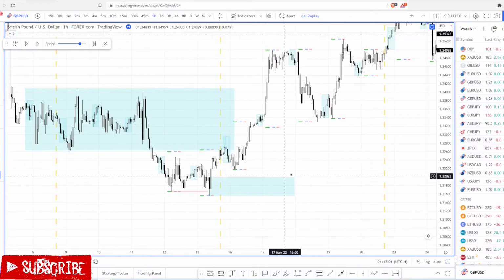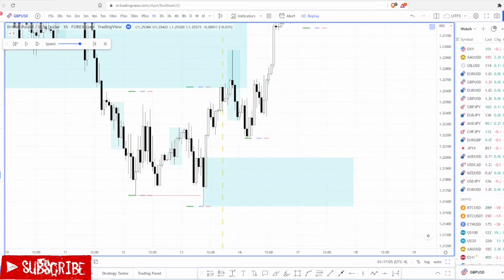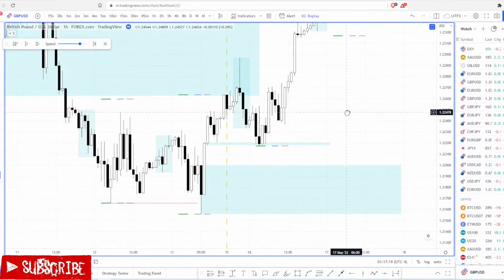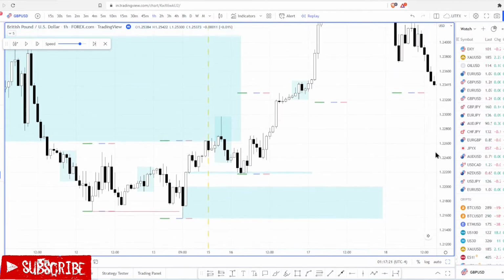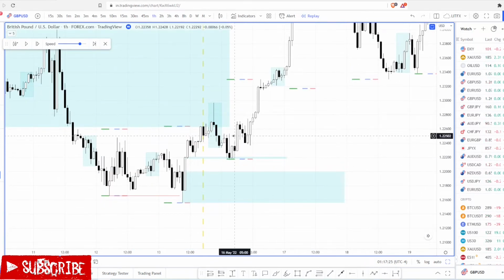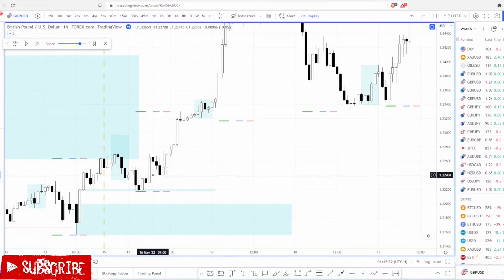As you can see, it ended here, just wicked below this hidden base here, wick below it, and that was it. The movement started from there. You can see a bullish move.